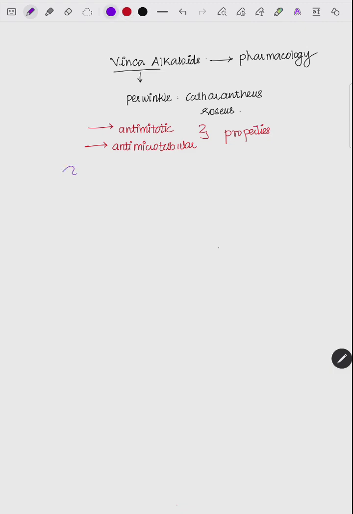The chief Vinca alkaloids are vincristine and vinblastine, which are also the drugs used for clinical purposes.